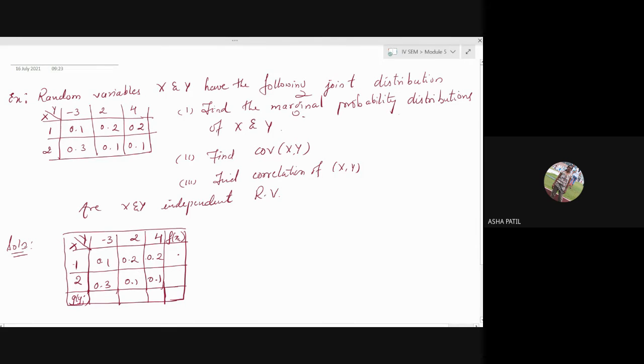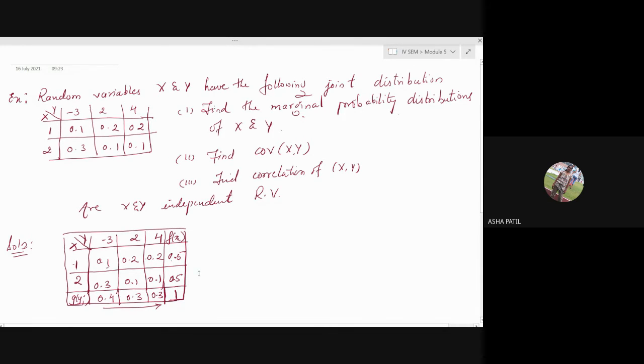Now add this: 0.2, 0.2 and 0.1, that is 0.5. Again here 0.5, and here it is 0.4, 0.3 and again 0.3. You can see 0.5 plus 0.5 is 1, and if you add 0.4 plus 0.3 plus 0.3, it is also 1.